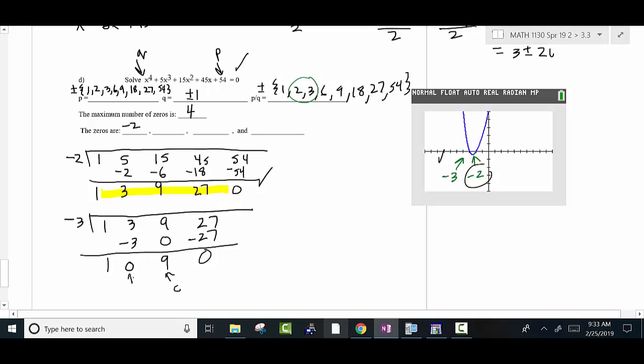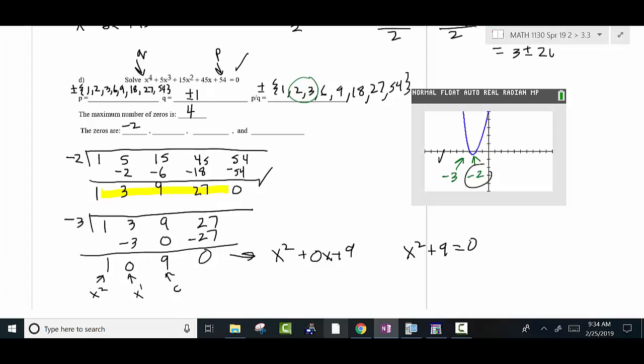That's x to the first. That's x to the second. So this equation is x to the second plus 0x plus 9, or in other words, that's x squared plus 9 equals 0.